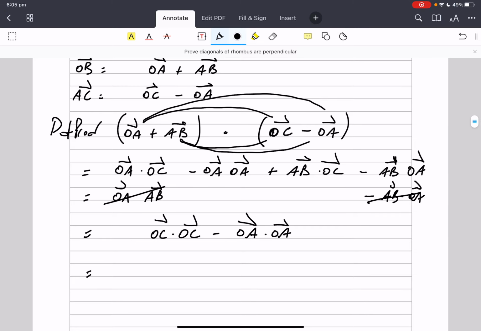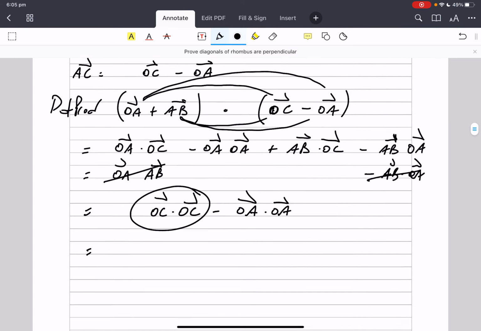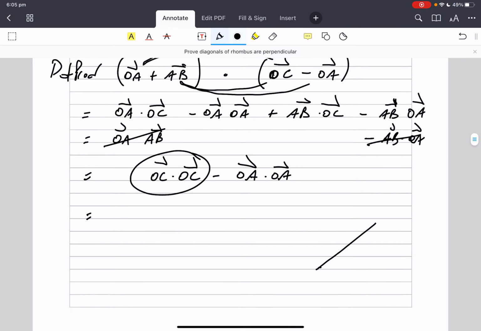Now, looking at that dot product, if I've got a vector and I dot product it with itself, then the dot product is AB cos theta. If theta is 0, cos is 1, so it's just the magnitude of one times the magnitude of the other. So it's really just OC.